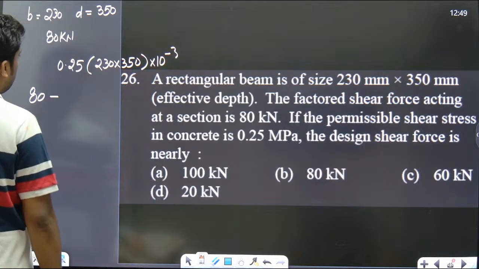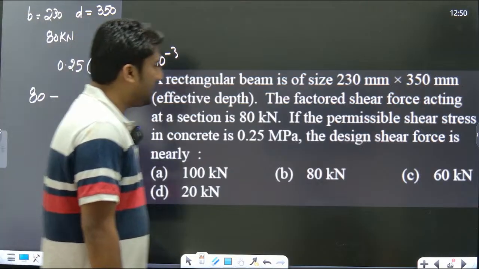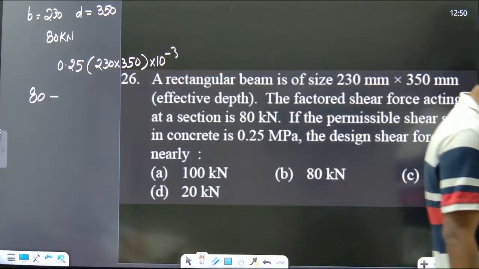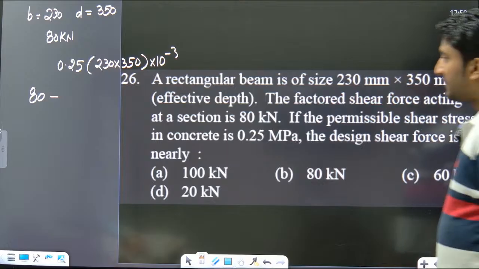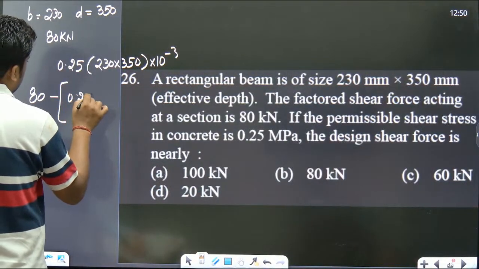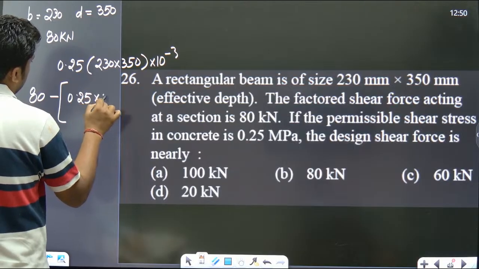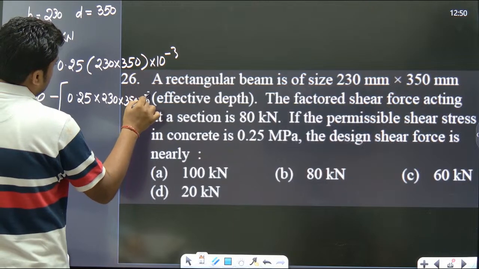So 0.25 into 230 into 350 into 10 power minus 3, and from 80 subtract this value.